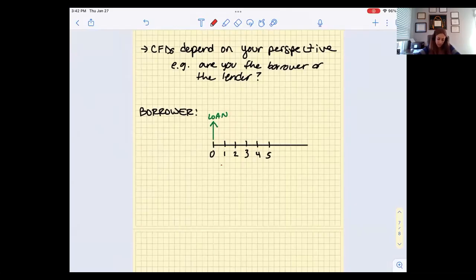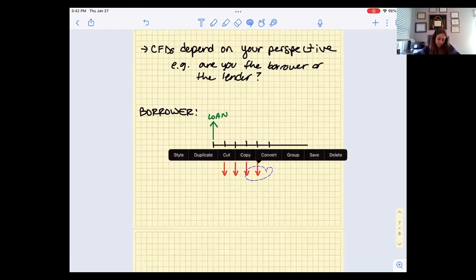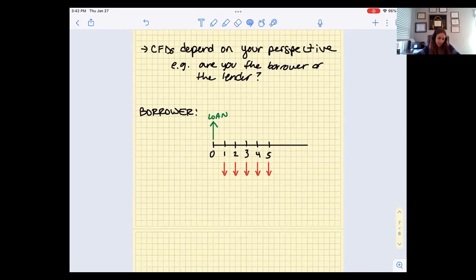So once you start paying on it, it's every year or every month, whatever the stipulation is. So you have to pay each time some amount to start paying back what you borrowed. So let's call those annual payments.